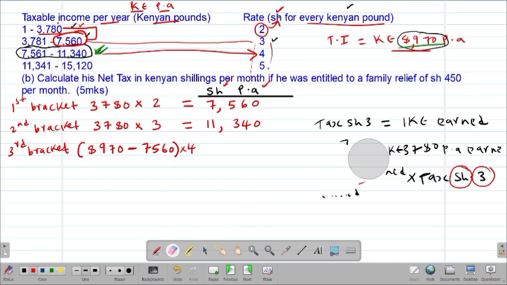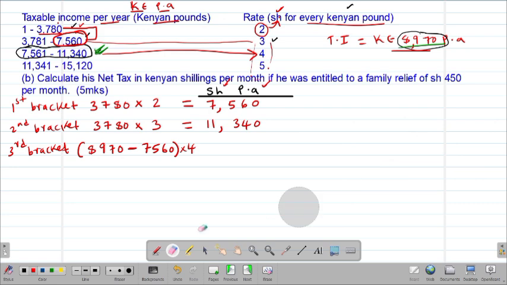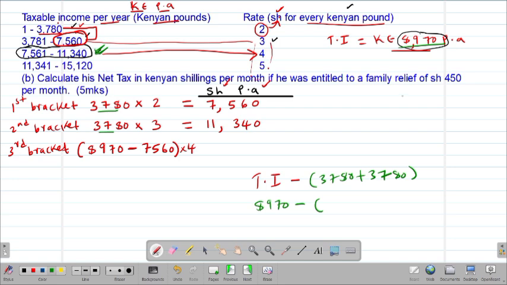Remember, you can also find it this way. You can also take the taxable income, then less the summation of these two amounts, 3780 plus 3780. So taxable income was 8970, then minus 3780 plus 3780.